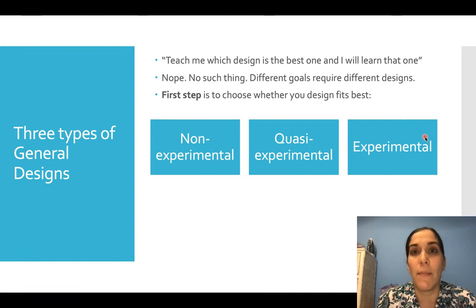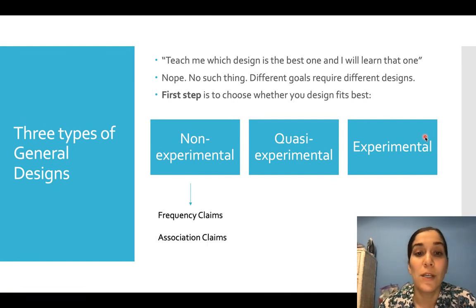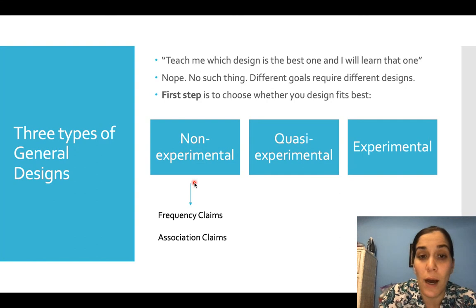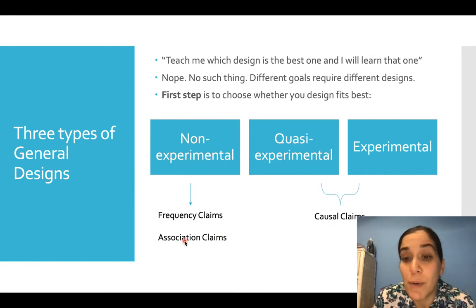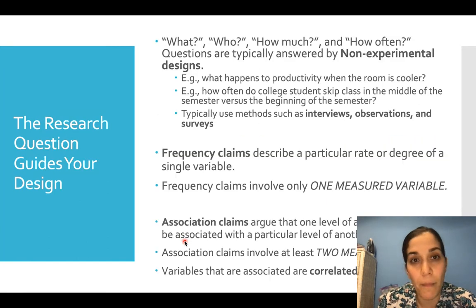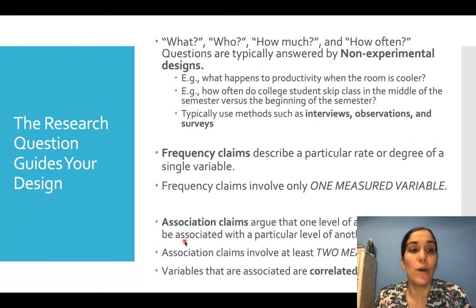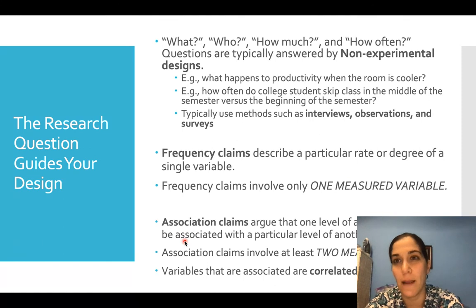These really map on very well to our 3 types of claims. Non-experimental design is essentially making frequency claims or association claims, and quasi-experimental or experimental designs make causal claims. So the research question that you have essentially guides the design that you're going to need to focus on.